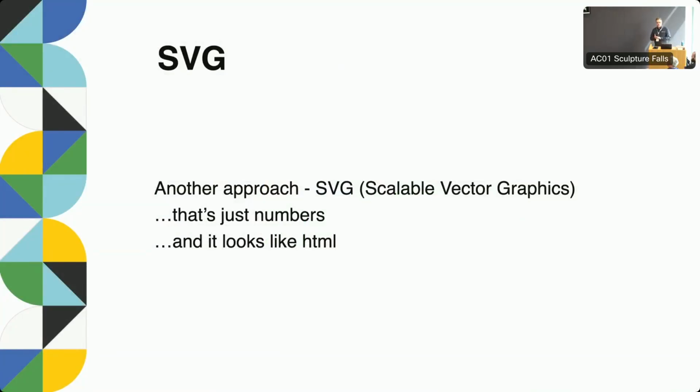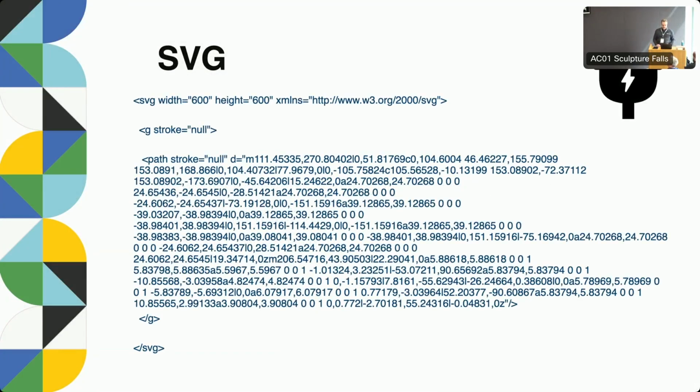Another approach is to use SVG. Do you all know what SVG is? Yes. Anyone who doesn't know? Oh, great. Awesome. The great thing about SVG is that it looks just like HTML. That is, it's the tags and so on. And this describes the object there.